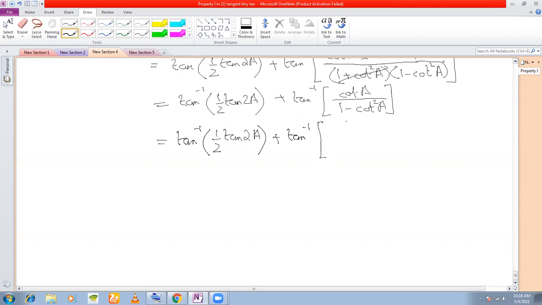If you convert this cot to tan, then you will have to take the LCM. If you take the LCM in the denominator, you will get a tan square A in the denominator of the denominator.